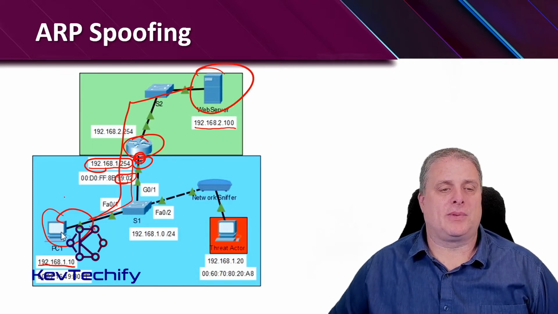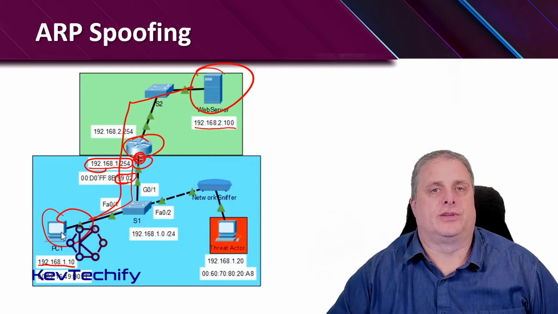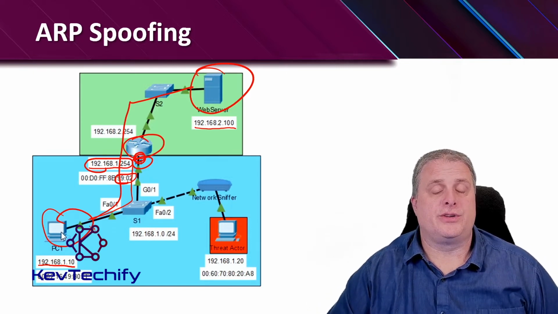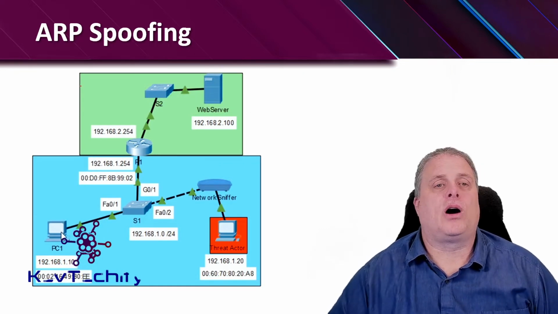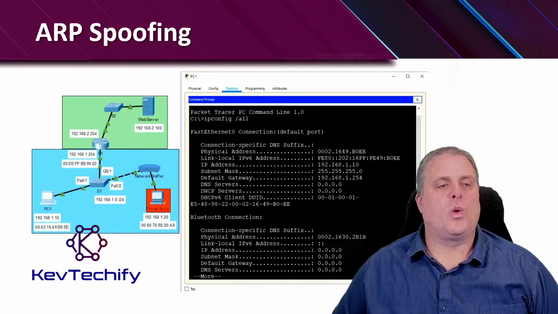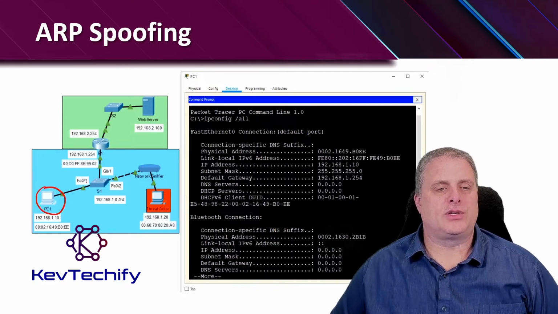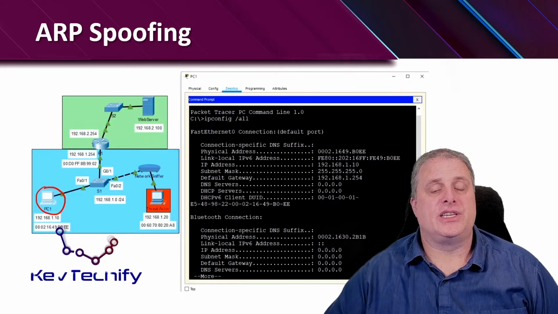PC1 needs to communicate with this MAC address in order to make it to the web server and to get a response back. Quick recap on how ARP works. In order for PC1 to get to the web server, it has to go through the router, which is its default gateway. It needs to know the MAC address of its default gateway.